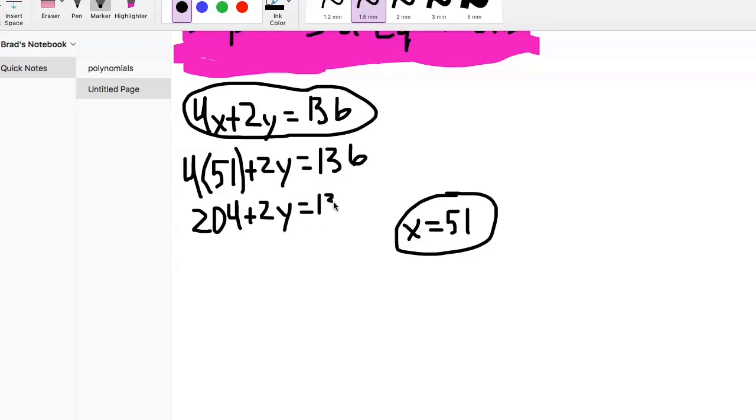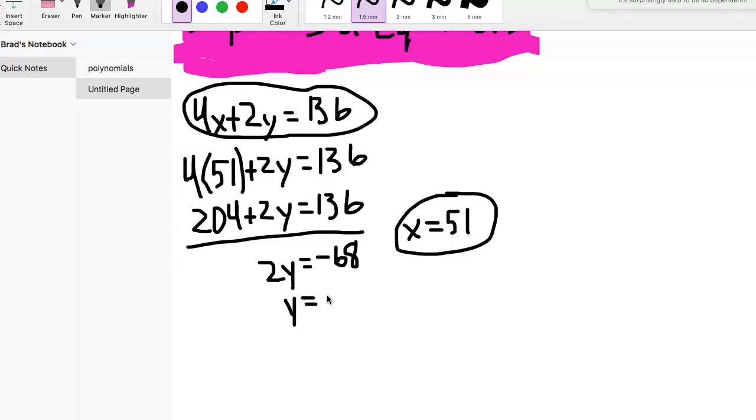Now we're doing some fairly straightforward algebra. We'll subtract 204 from each side, and we get 2y equals 136 minus 204, which is negative 68. Divide each side by 2, y equals negative 34, since negative 68 divided by 2 is negative 34. So there's our y.